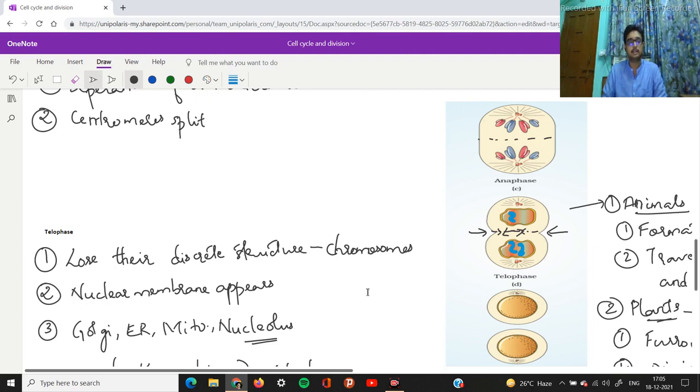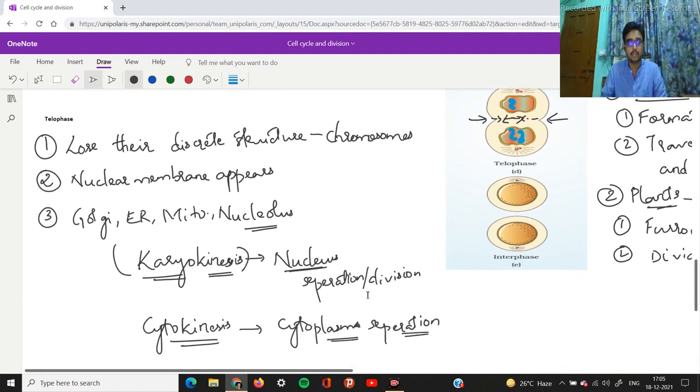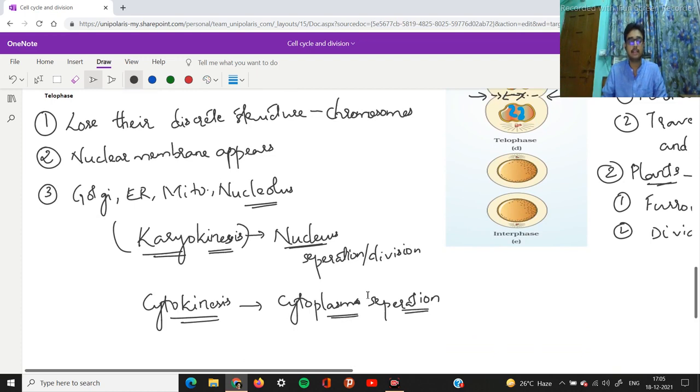The nuclear membrane reappears again, and the Golgi complex, endoplasmic reticulum, mitochondria, and nucleolus all reappear. Finally, all the phases which we talked about till now come under karyokinesis, that is separation of the nuclear part of the cell.